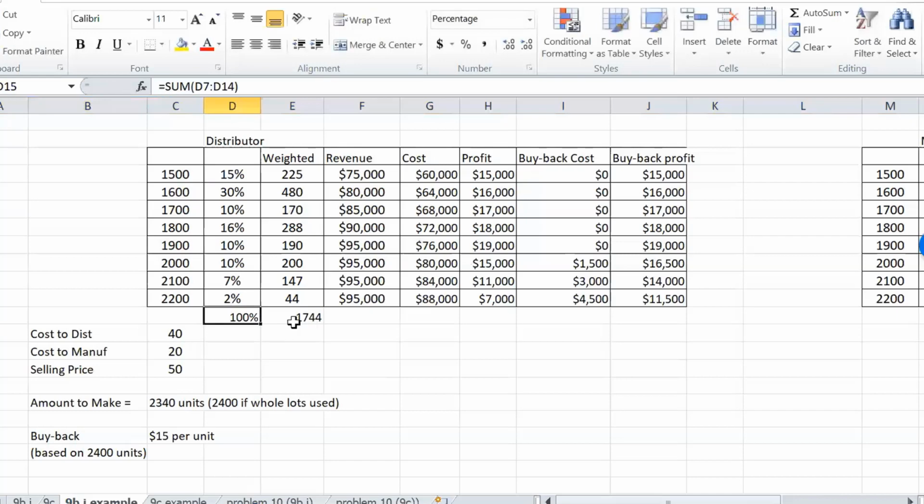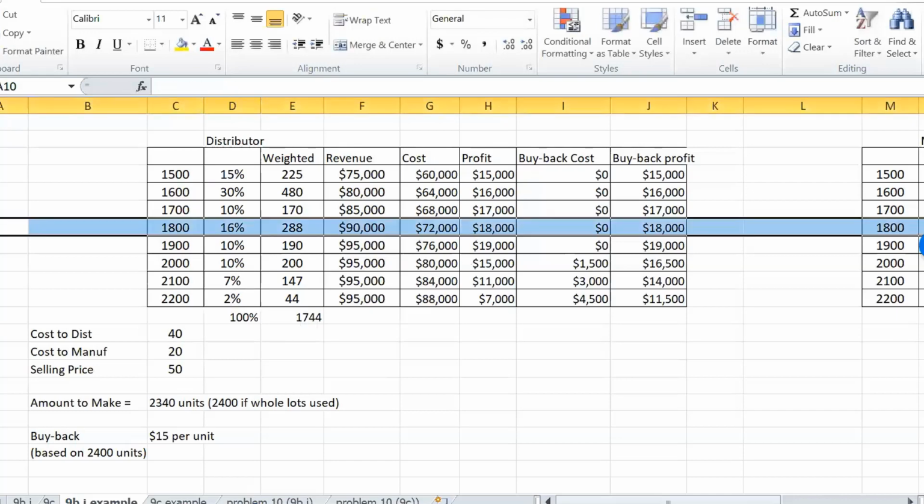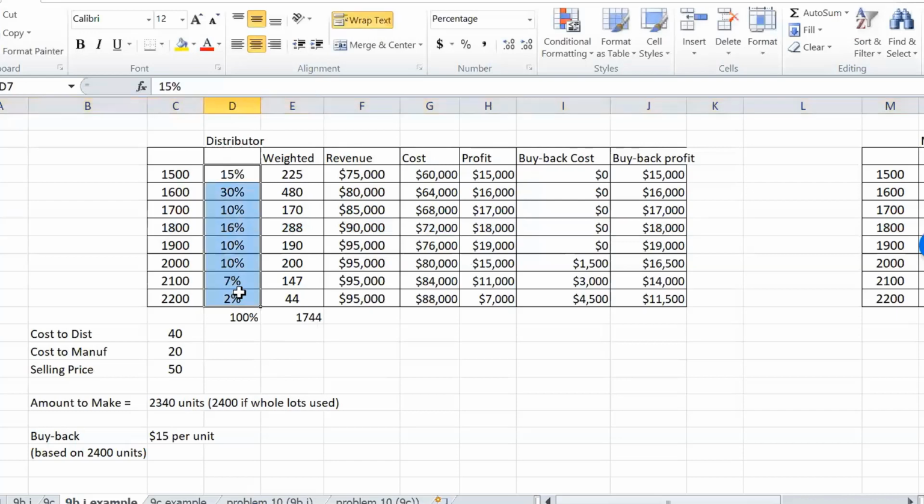So now I made it, and now it's at 1,800 instead. So the effects of your probabilities are far greater on the profitability than your weights are, than your quantities are.